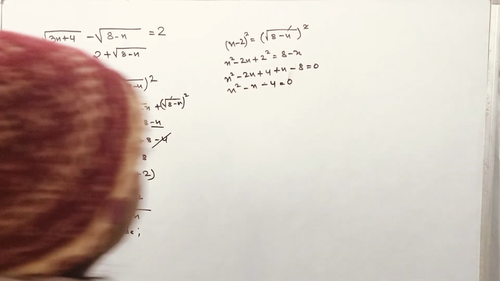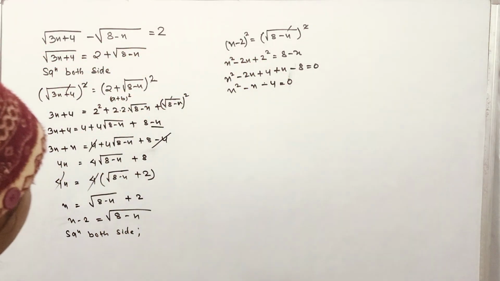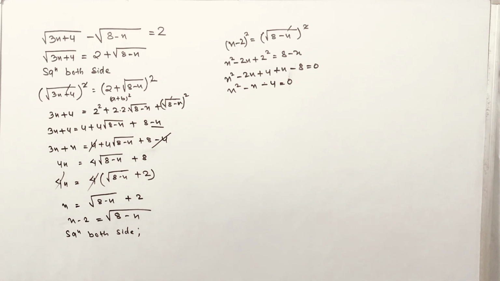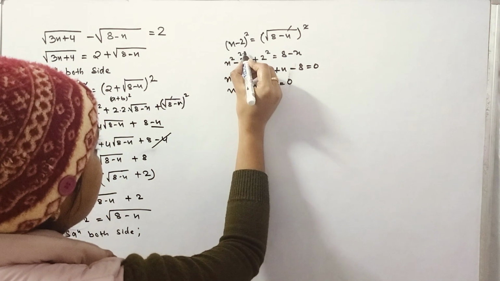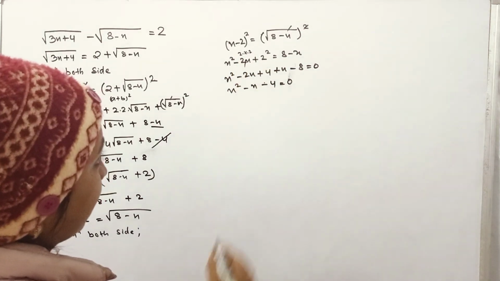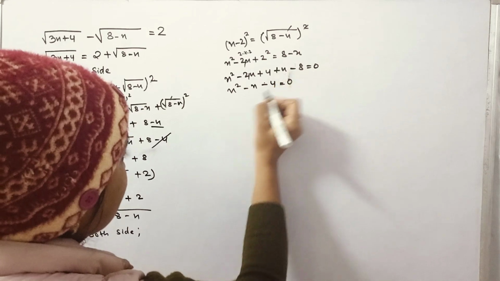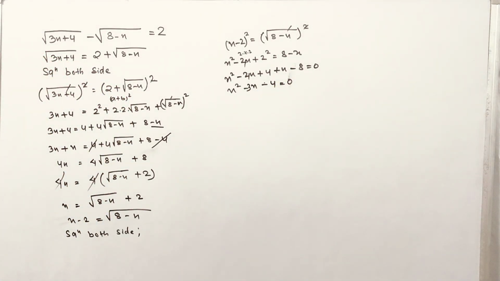Wait, let me check, this is a square minus 2ab, so this will be 4x. So 4x plus x is 5x. Fine. Now we have x square minus 3x minus 4 is equals to 0.